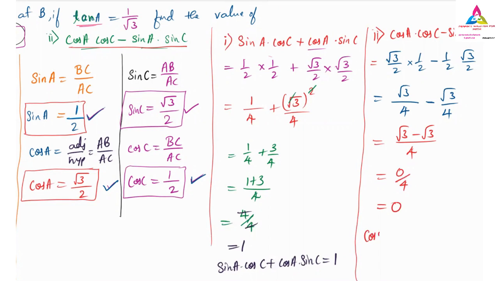So cos A into cos C minus sin A into sin C is equal to 0 in this question. But in every question it may be the same or it may not be equal to 0. So remember this. This is the answer of the 9th question of exercise 11.1.